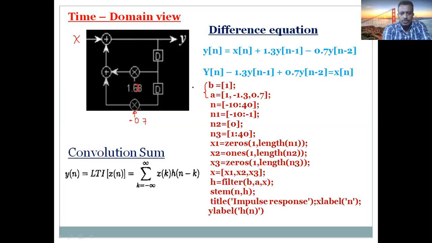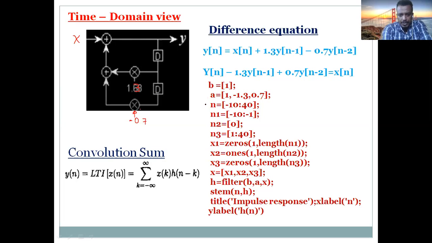So this is our system, represented in your program by the difference equation. First, we write the difference equation of your system, which is called mathematical modeling. Then, in your program, take the coefficients from this difference equation, that is B and A.